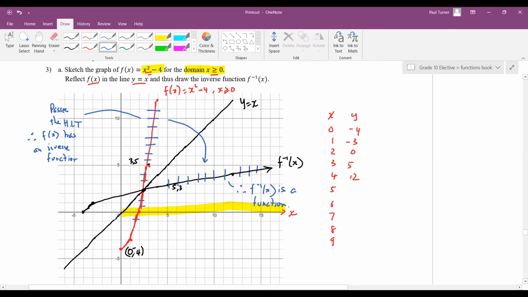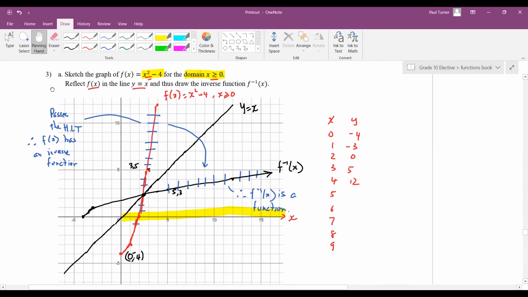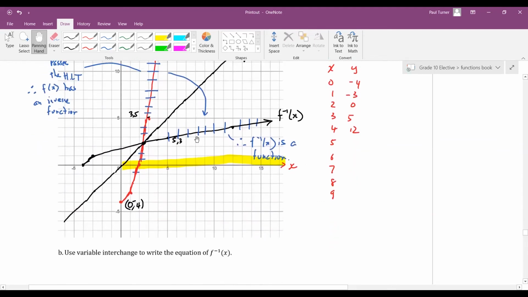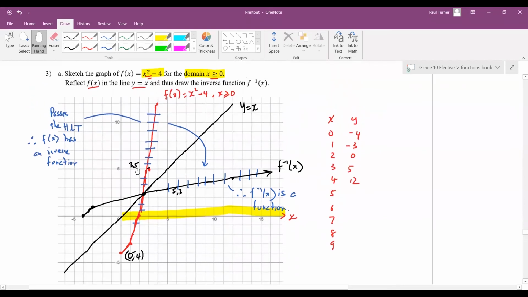Okay. What else did we have to do there? Let's see. Here we need to get our function. We need to get this equation. You see, by looking at this, I think it's hard to tell what it is, isn't it? What's going to be the equation? So let's use our function here. So we'll write our function down, x squared minus 4.